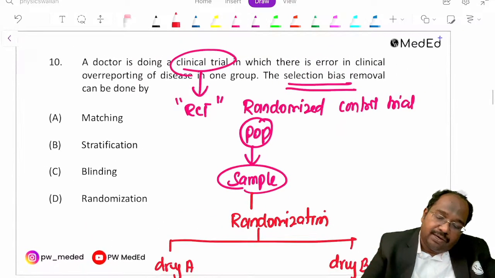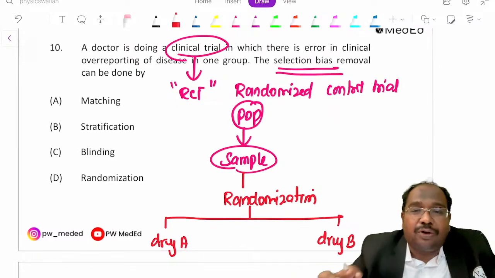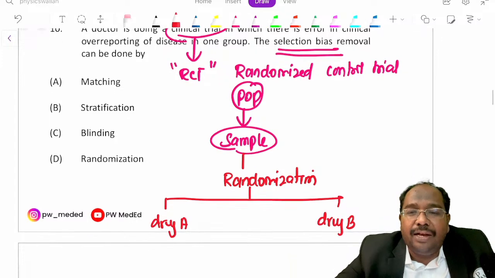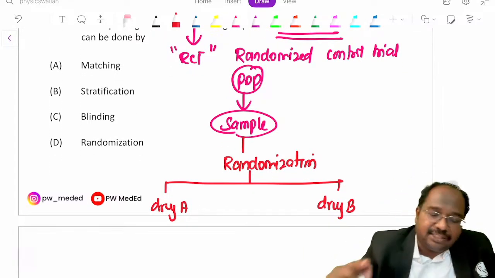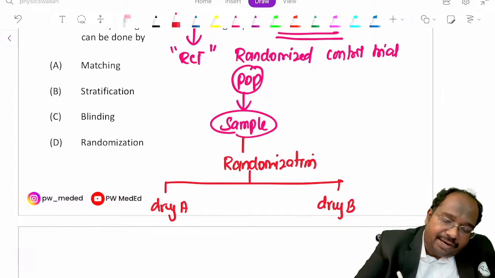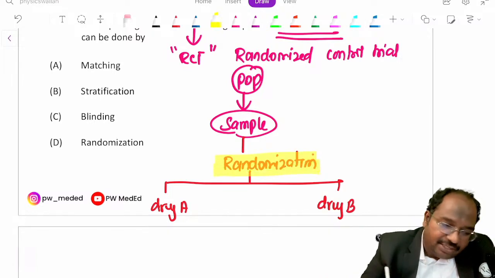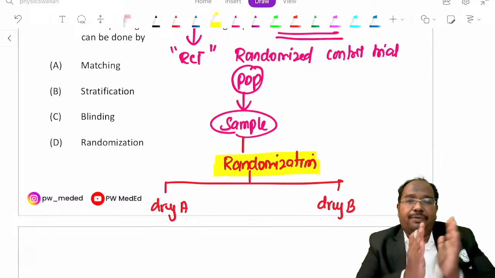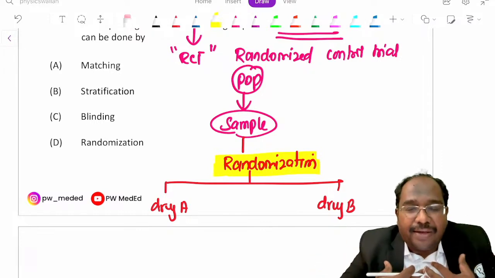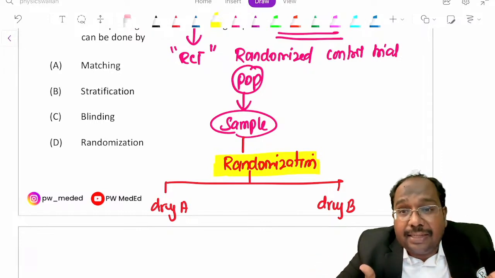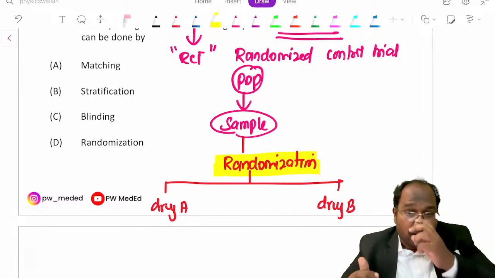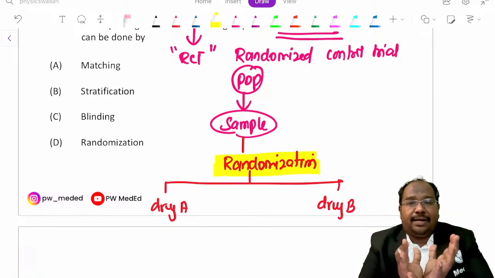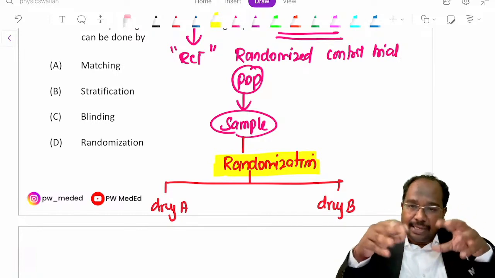The question is how will you eliminate this selection bias? This selection bias is eliminated by randomization. Suppose I have 100 people. How do I divide them into 50-50 in each group? If I start doing it myself, I can create a selection bias. So suppose 100 people are there, I put everybody's name in a lot.